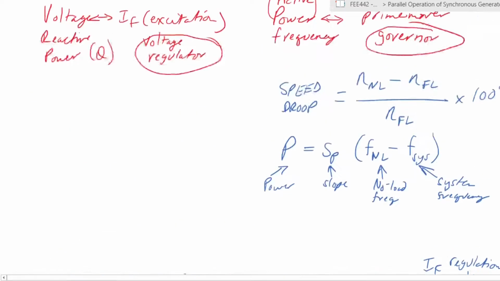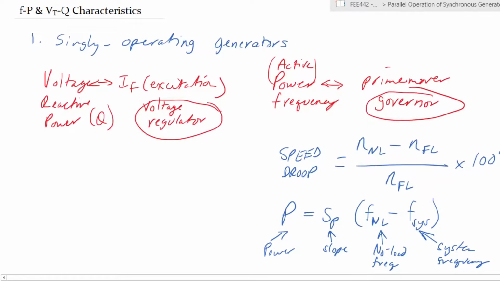So we go back to what we have said before. The voltage and the reactive power are controlled by the voltage regulator in terms of excitation. Active power and frequency are controlled by the governor in terms of the motion of the prime mover.